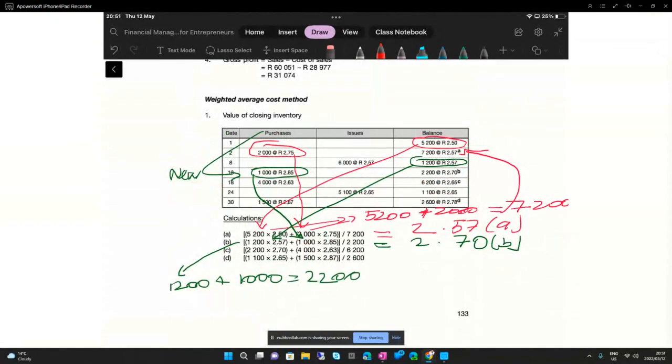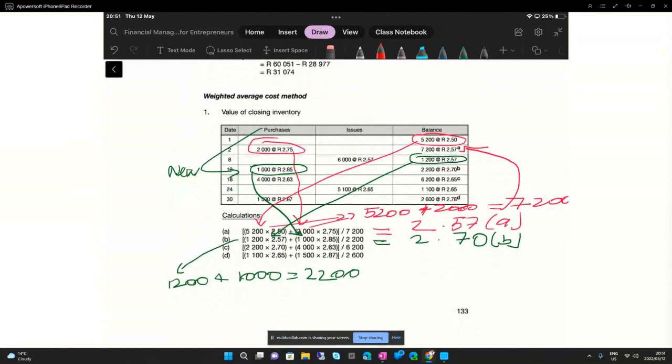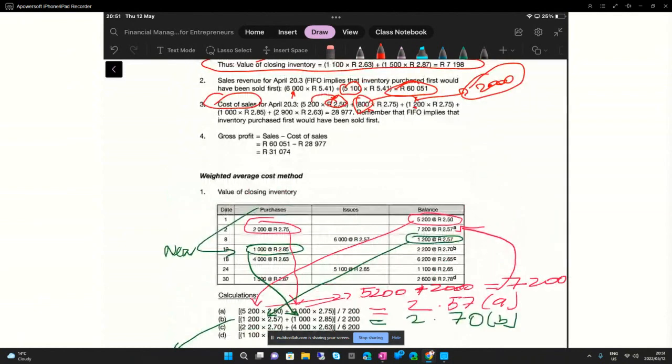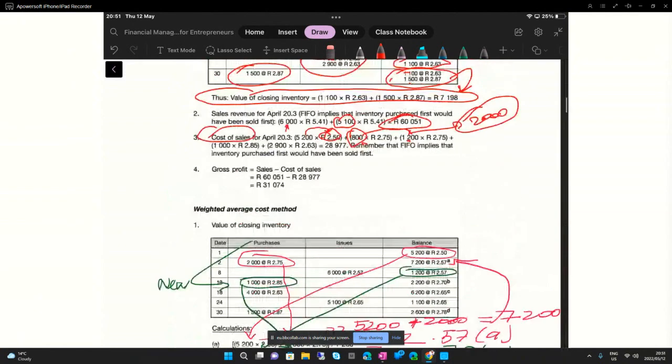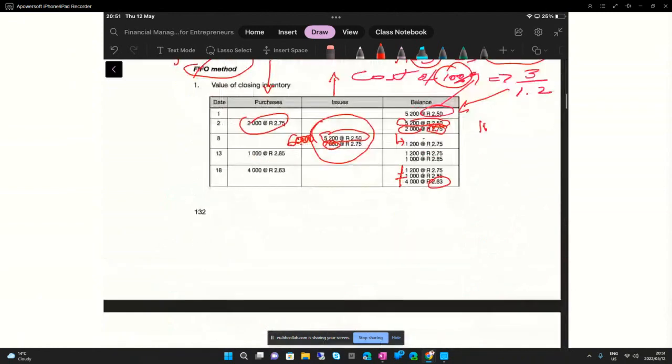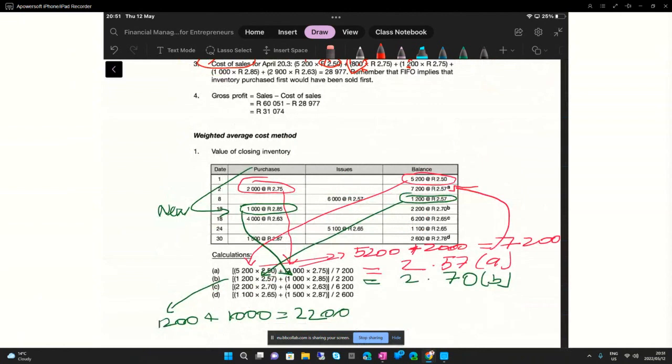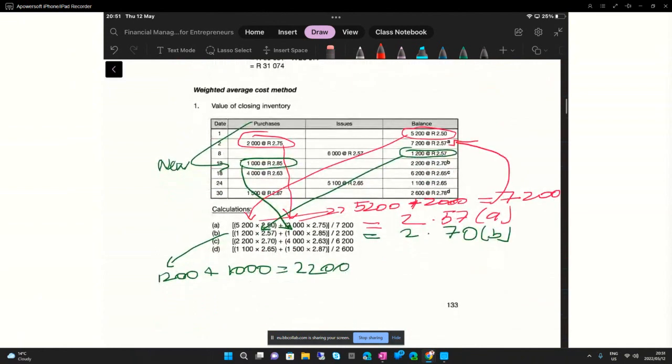And then you have the weighted average cost of sales. When you're looking at the weighted average cost of sales, same table being put, you have the purchases and you have the issues, and then the balance, right? Same table, but two different ways, because now we're going to get a weighted average, and it's being explained to you how they get to the weighted average.